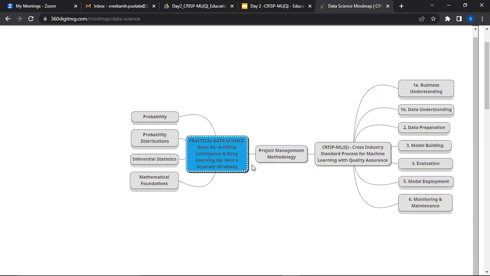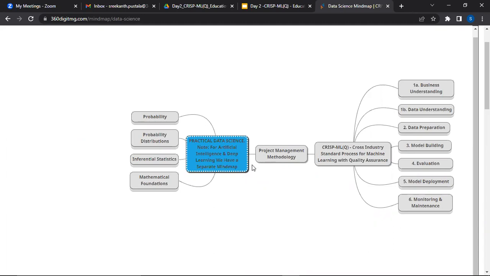The abbreviation is Cross Industry Standard Process for Machine Learning with Quality Assurance. There are six different phases: business understanding, data preparation, model building, evaluation, model deployment, monitoring, and maintenance. So these are the six different phases that we have in CRISP-ML.